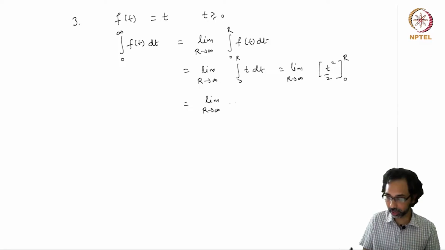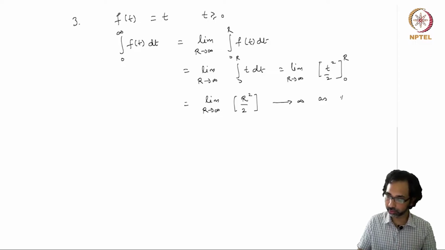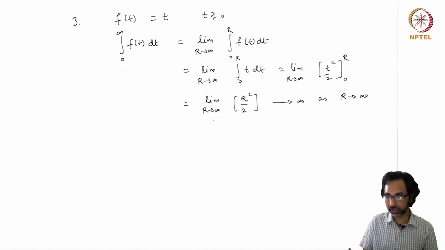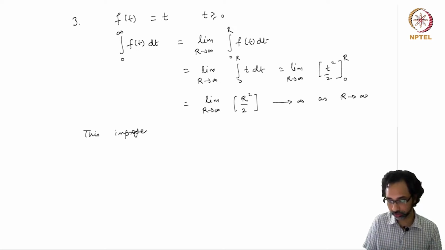So you get the limit as r goes to infinity of r squared by 2, but now this goes to infinity as r goes to infinity. So in fact this limit is not finite, and therefore this improper Riemann integral does not exist.